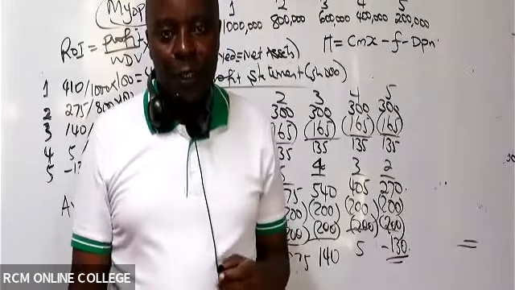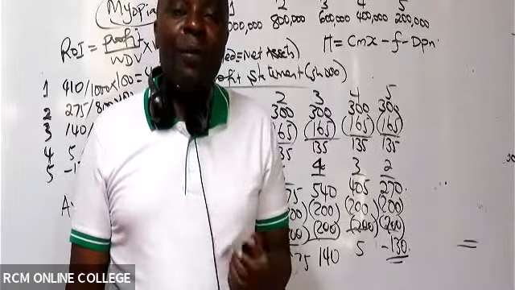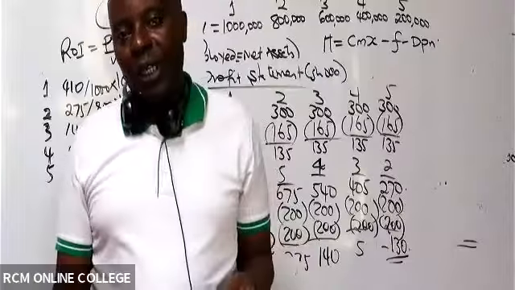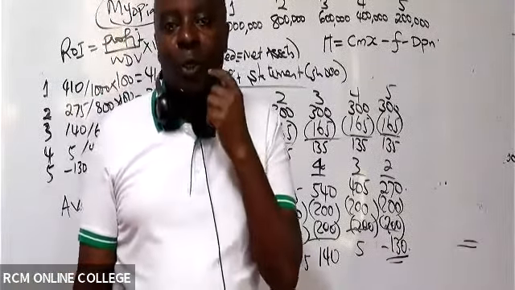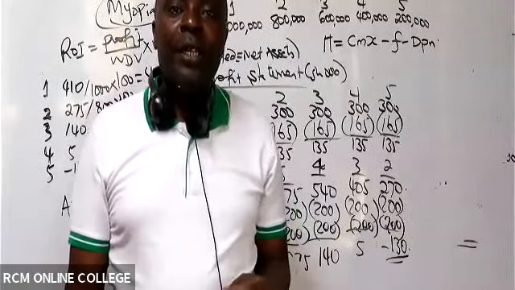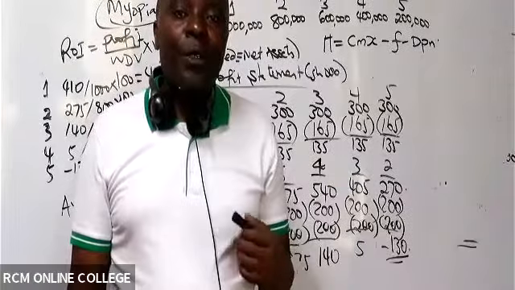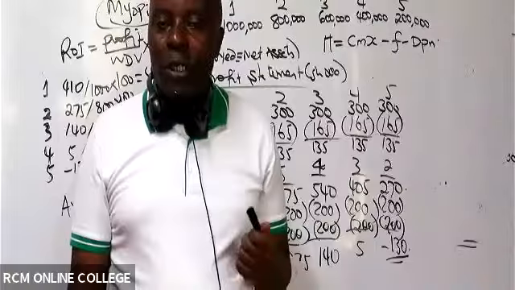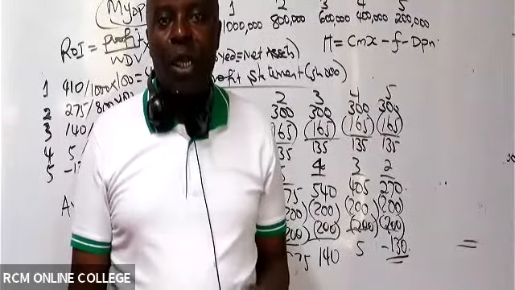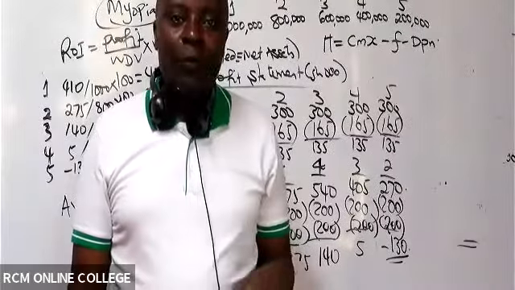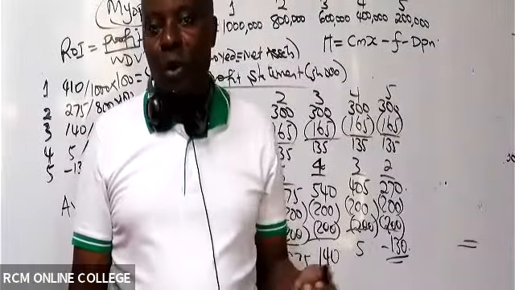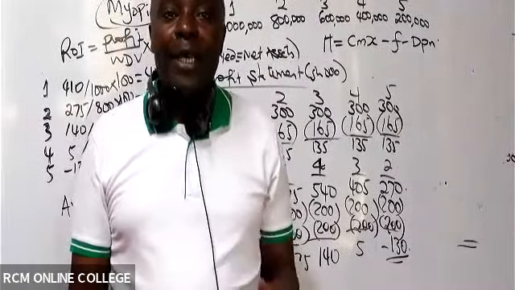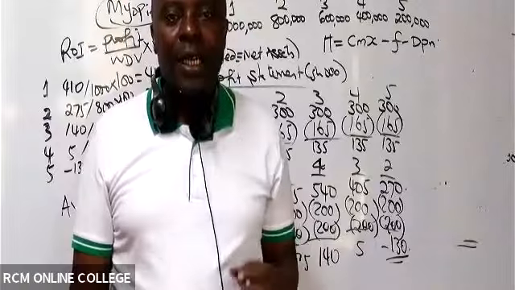Now, if you're asked about their disadvantages, always ensure to say that they are quantitative models. They don't take into consideration qualitative factors. They think that money is everything in life.